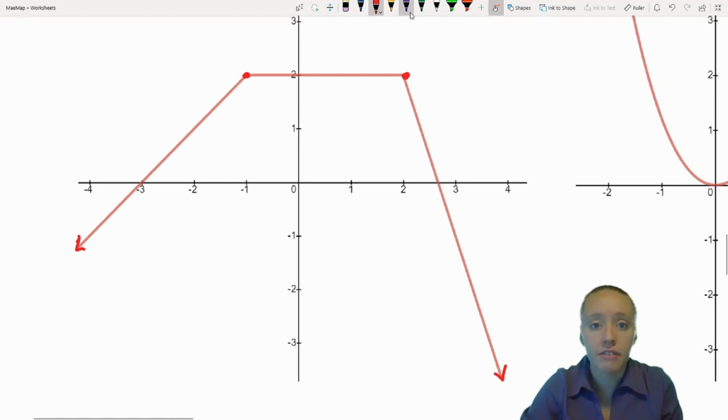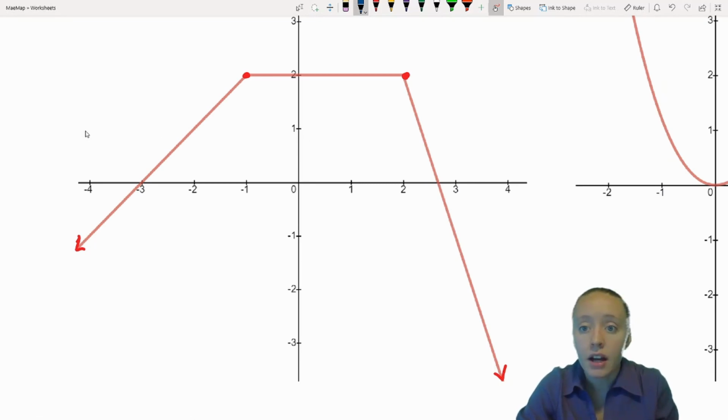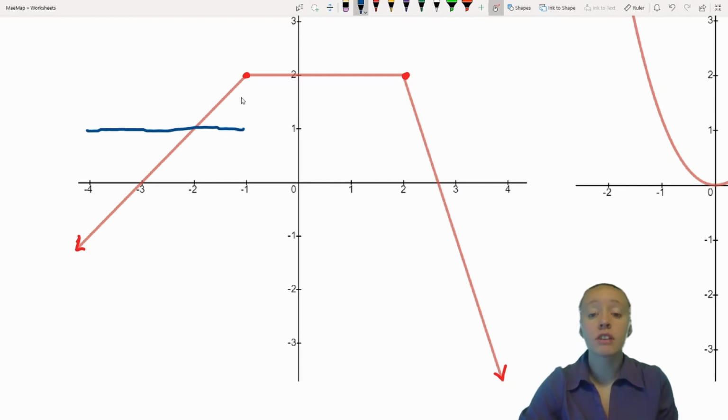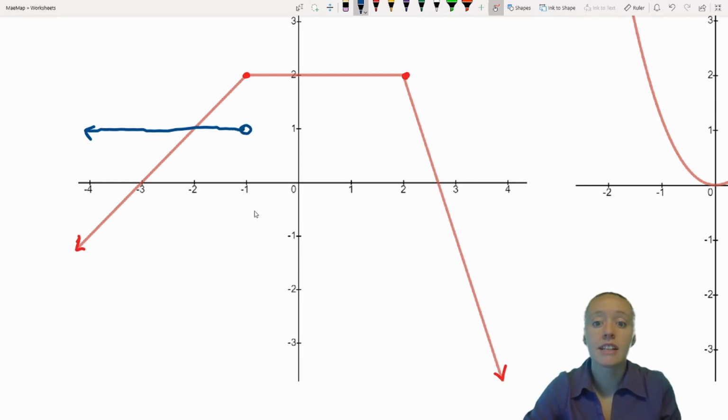In order to graph that, I'll do my derivative in blue. I'm going to find 1 and draw a horizontal line up until my point at -1. Now at -1, that derivative we said was what? It was undefined. So I'm going to put an open circle around that -1, because I have that corner there, and my derivative is undefined at -1.